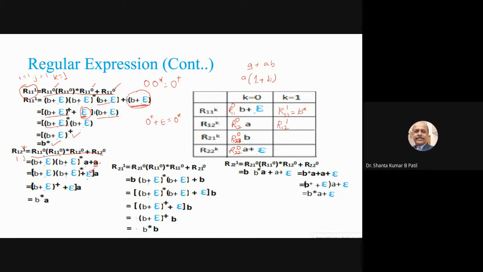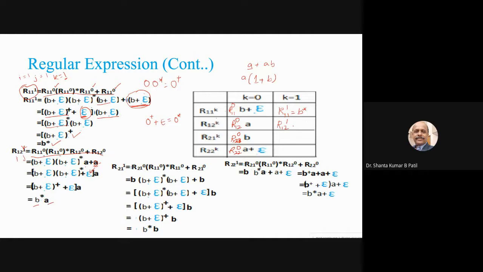Then b plus epsilon, so this will be b star plus epsilon. So this is a b plus epsilon whole star. B plus epsilon whole star is b star, and a as it is.